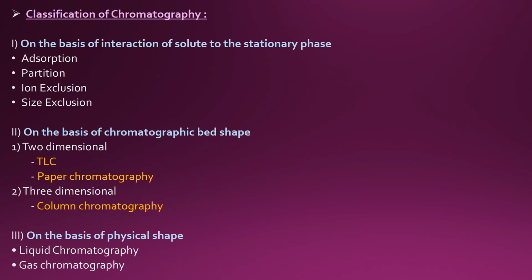Two-dimensional chromatography is further divided into two types, that is thin layer chromatography and paper chromatography, whereas three-dimensional chromatography is known as column chromatography. On the basis of physical shape, liquid chromatography and gas chromatography are the two different types.